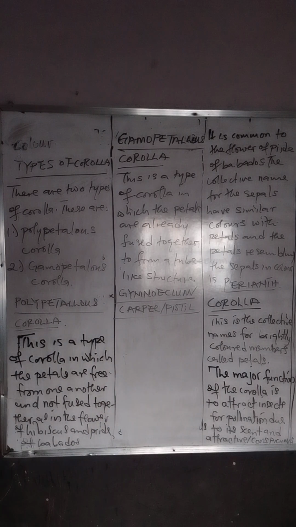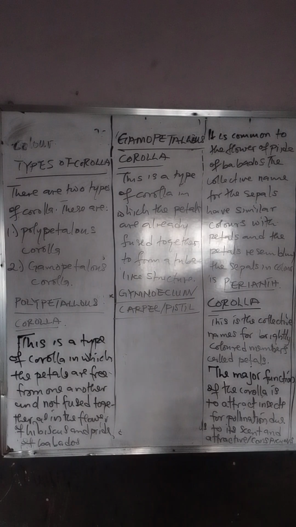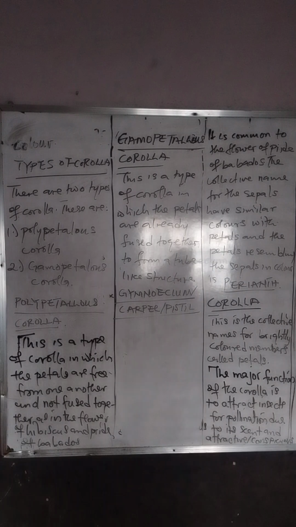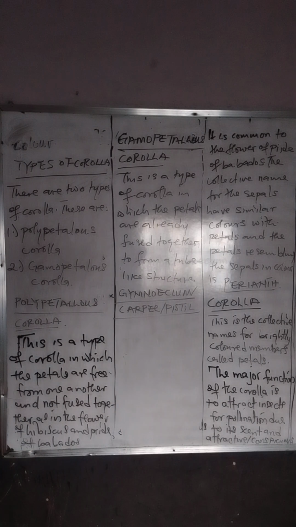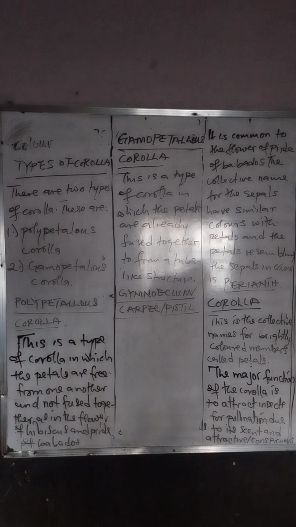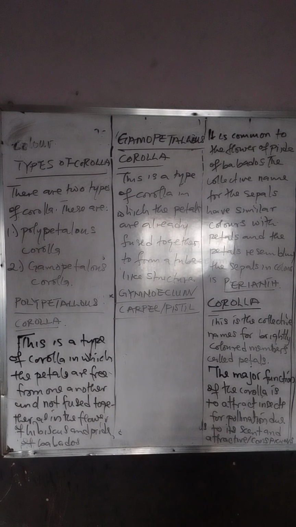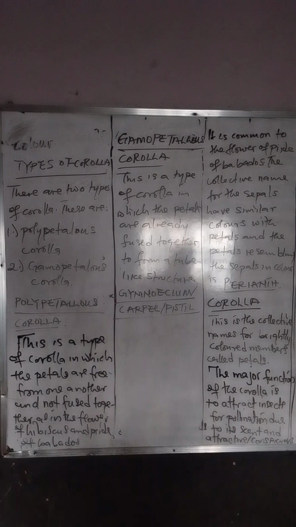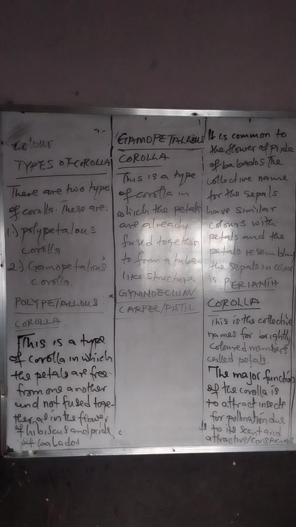Now, when we're talking about gynoecium, it is the female reproductive part of the flower. It is the part that receives pollen grain for fertilization. That is carpel or gynoecium.